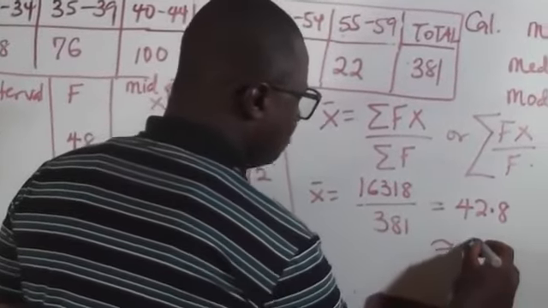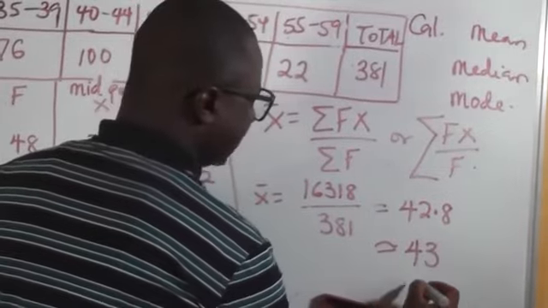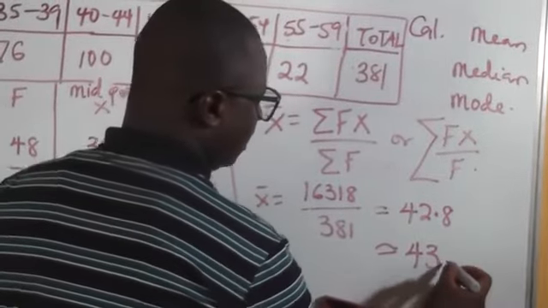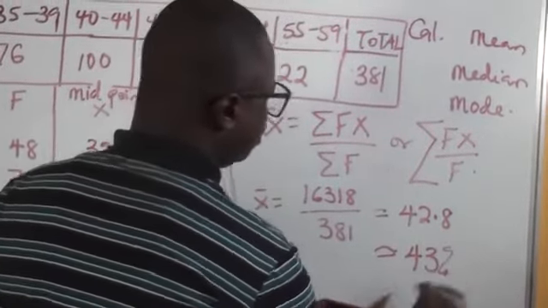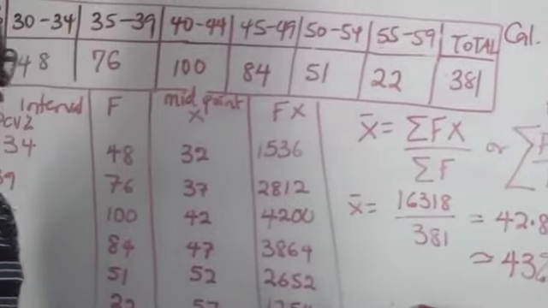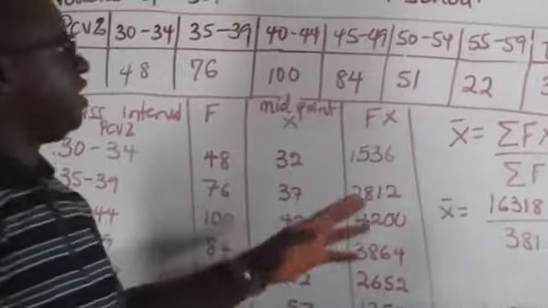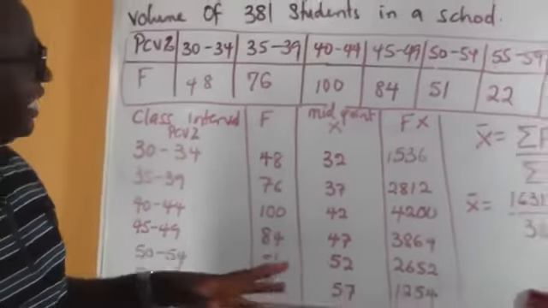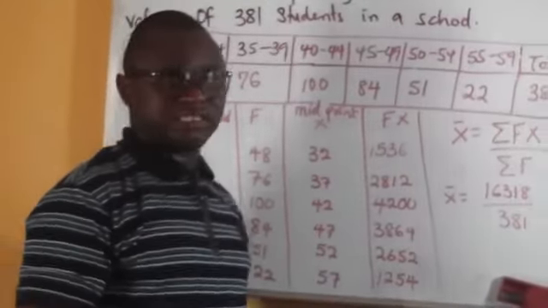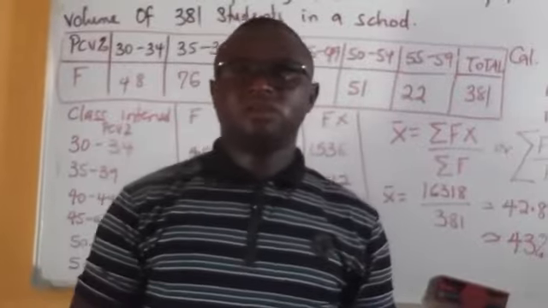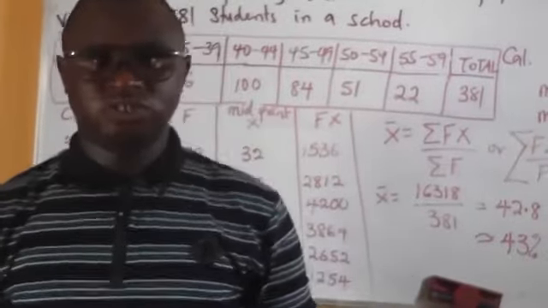That means our mean is 43%, because the unit for PCV is percent. So that is it about mean for grouped data. In our next lesson, we'll be looking at median for grouped data.